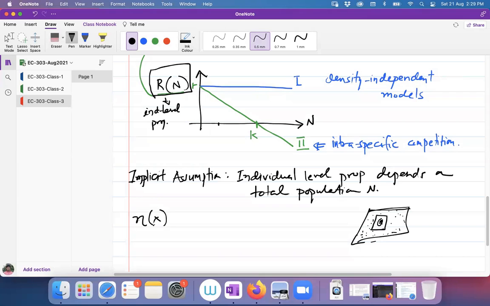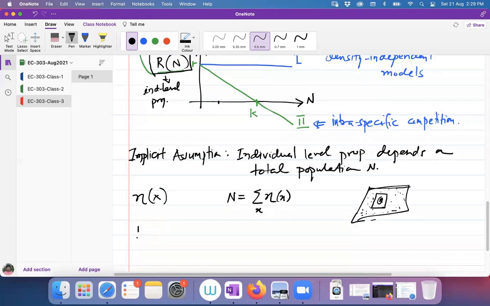Population size depends on x, but the total population size is N, where we have summed over all locations. So technically, R of an individual at x is most likely a function of the local density.